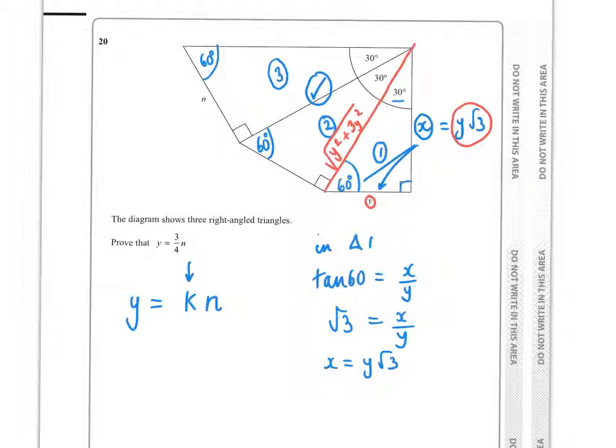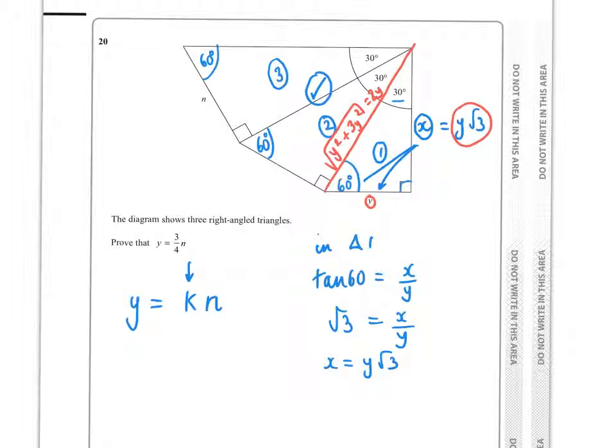Well, that's 4y squared, so the square root of 4y squared must be 2y. So that's the length of the hypotenuse in triangle 1, which then becomes one of the other sides in triangle 2.